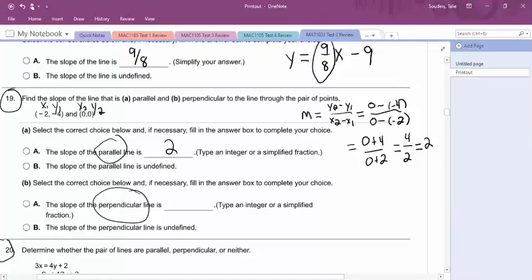What about for perpendicular lines? What's the rule for perpendicular lines? You flip it, so you find the reciprocal, and one other piece, it would become negative. Good. So what would the answer be? It would be negative 1/2. Very good.